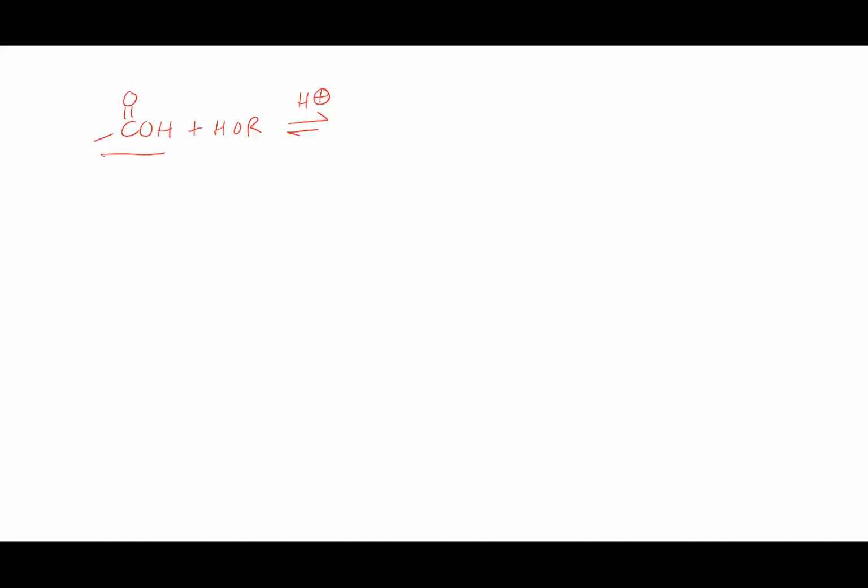And so if we think about writing the mechanisms of carboxylic acids with amines, or with alcohols, in this case, we're going to use a combination of the mechanism that we used for aldehydes and ketones. But we now have the problem that that group can leave.